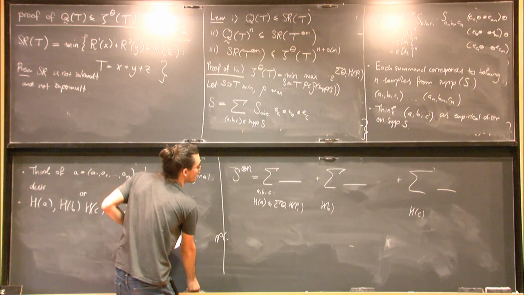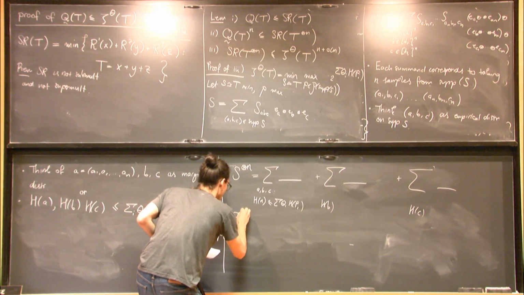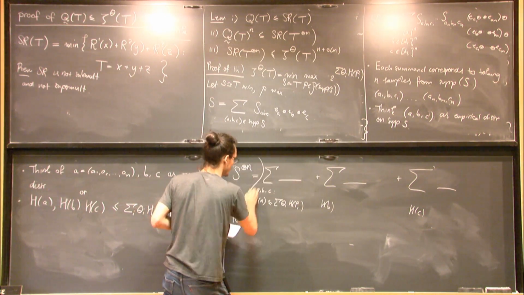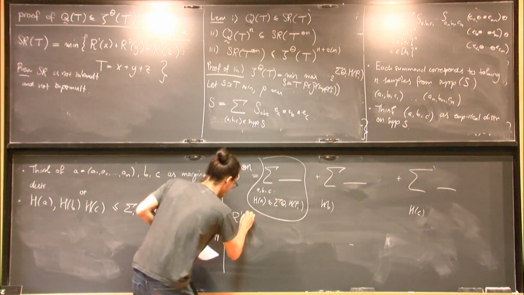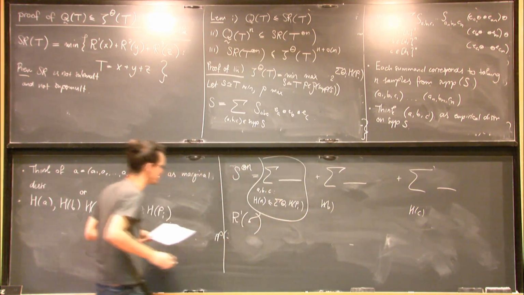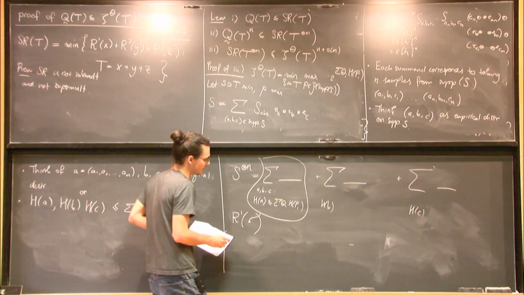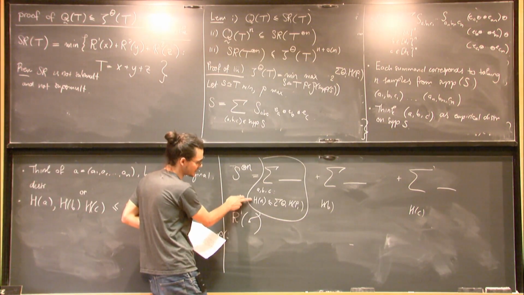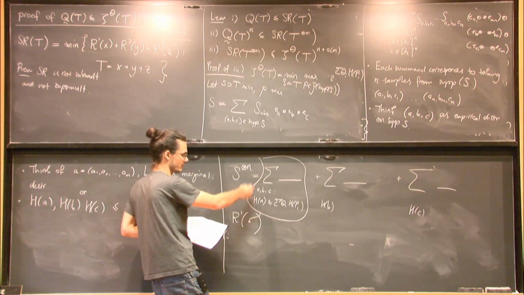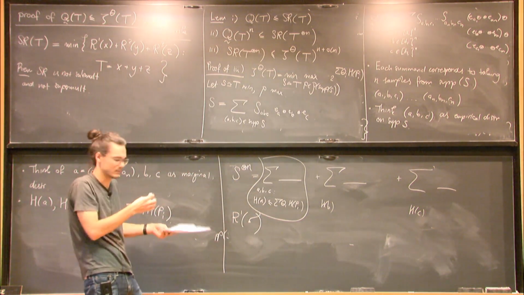Then, my claim is that if I look at this guy over here, and I look at the R1 of this, I claim it's small. And the reason this happens is that the entropy of A is small, like the entropy of the first factor. So there aren't many, so not many A's appear.